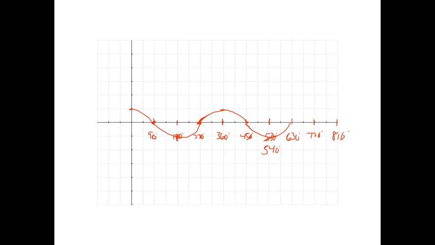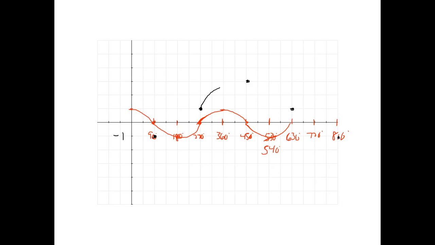Alright, so then our new graph, we had points at 90 degrees, negative 1, 270, 1, 450, 3, 630, 1, and at 810, negative 1.